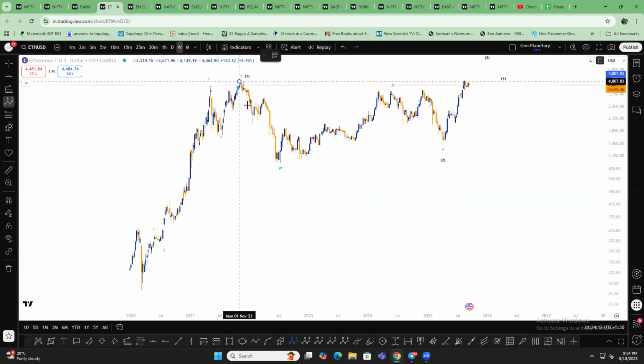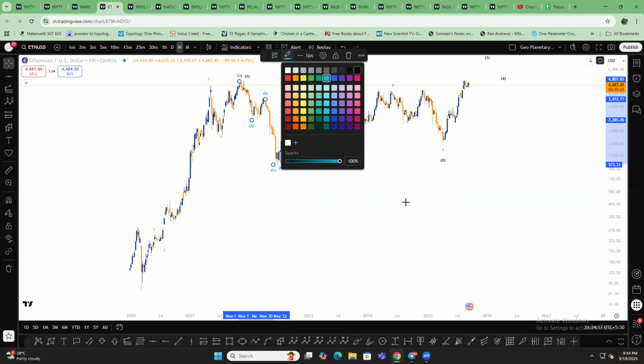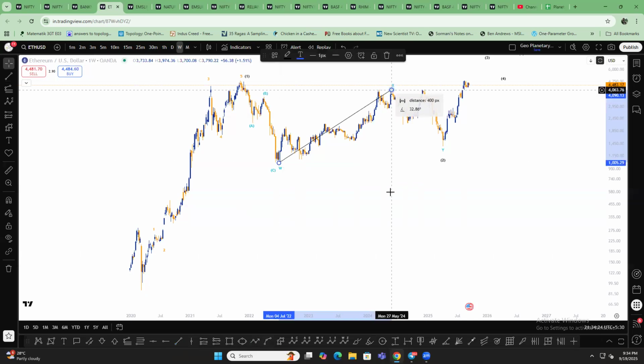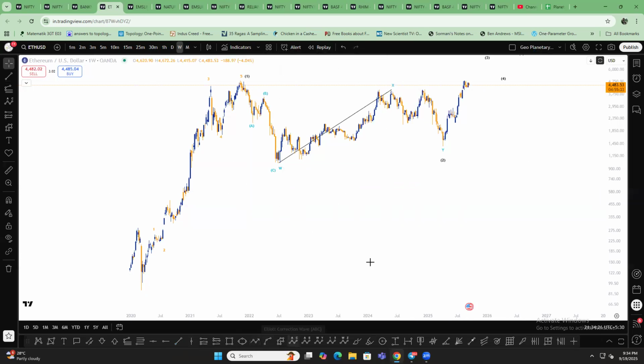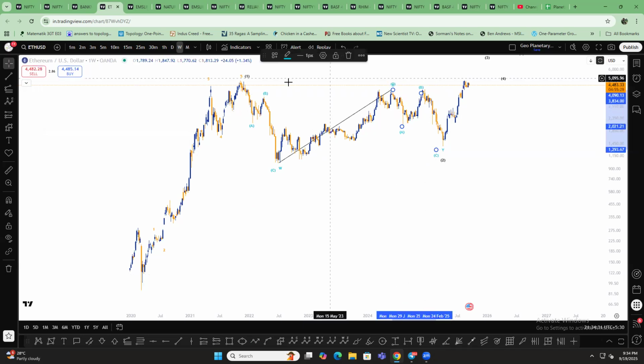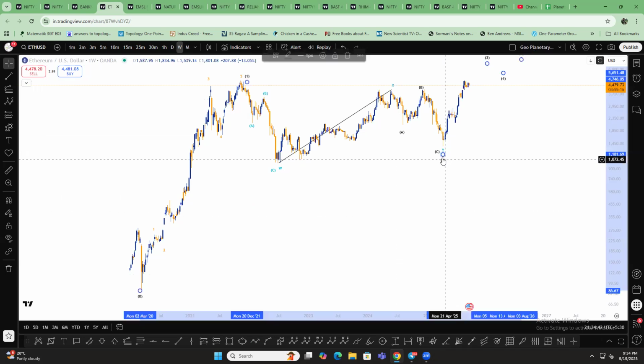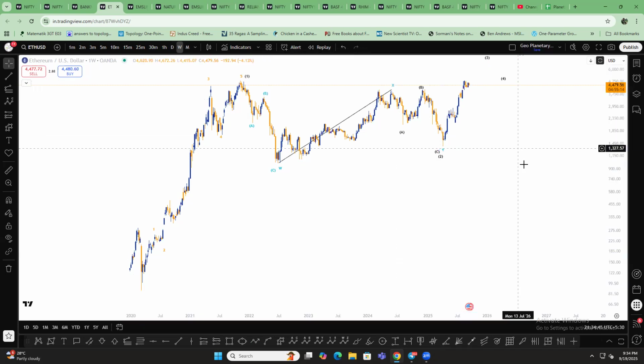See, this is the first ABC leg completing W, and here is the connector. This is the connecting wave, and another set of ABC to complete the Y wave. Okay, so this is a WXY correction, which actually completes the bigger wave 2.